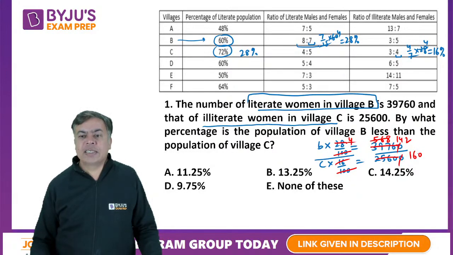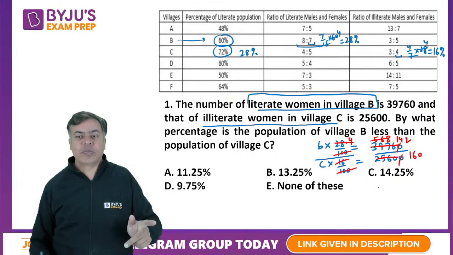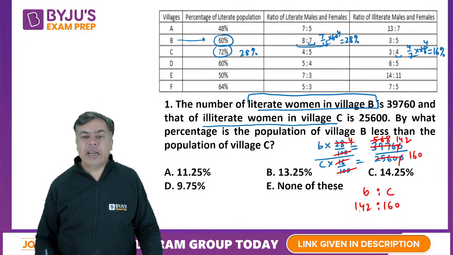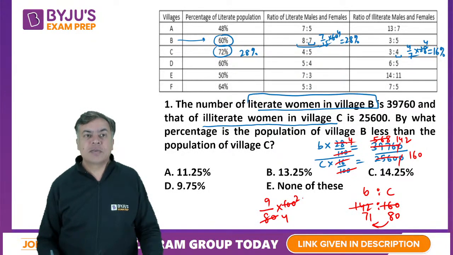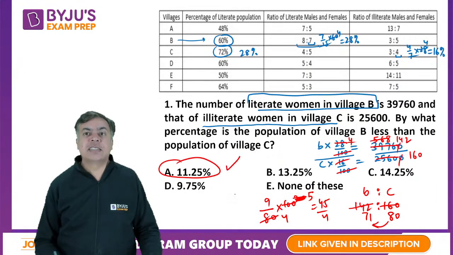If the ratio of B and C is 142 to 160, can I cancel it to 71 and 80? So it is 9 less than 80. So it is 45 by 4, which is 11.25%, the correct answer.